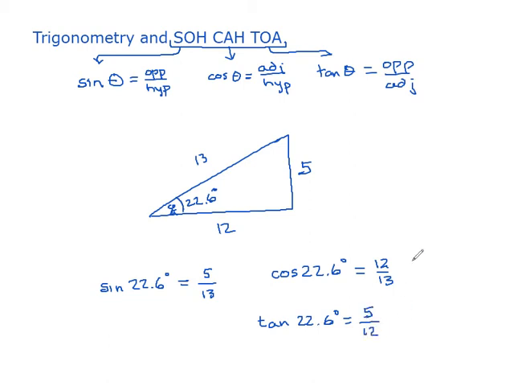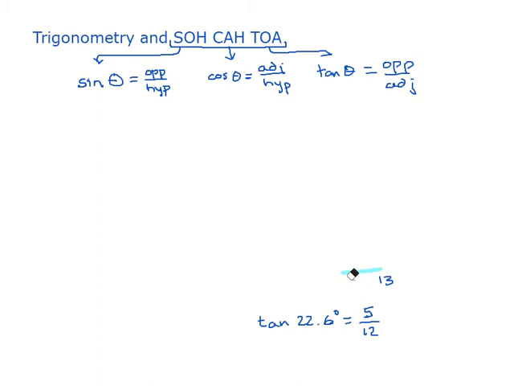Now, this isn't a very realistic type of problem because in this triangle, we already knew the angle and all three sides. We're rarely that lucky. So I hope you got this. This was just to reinforce what the opposite and adjacent and hypotenuse are and what these trig expressions generally look like. But let's do a little more realistic one where we don't know everything, and that should be a little more rewarding.